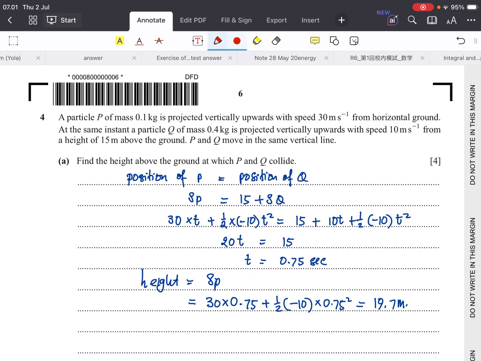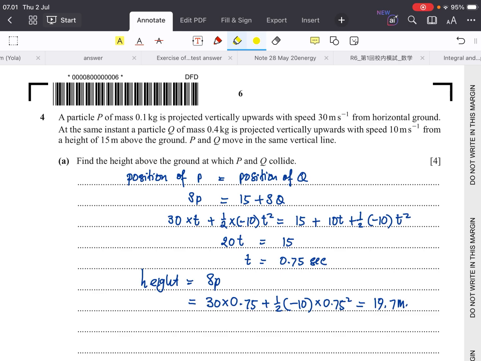We can cancel this one since they are exactly the same. So solving this equation, we can find the value of T is equal to 0.75 seconds.